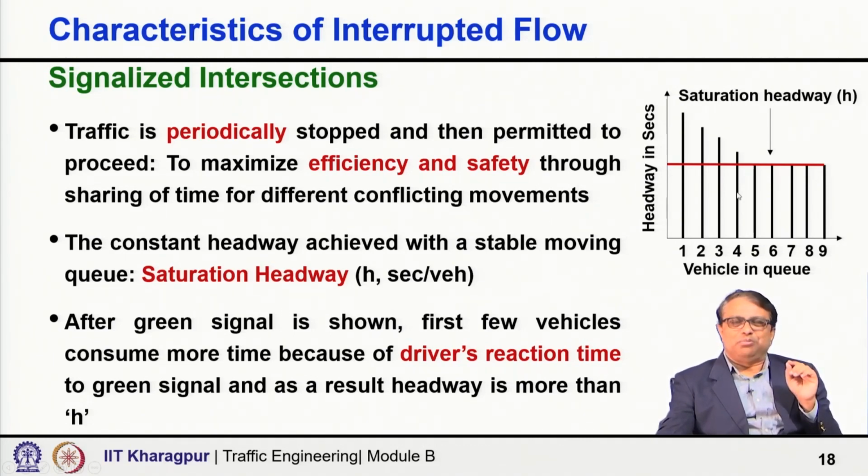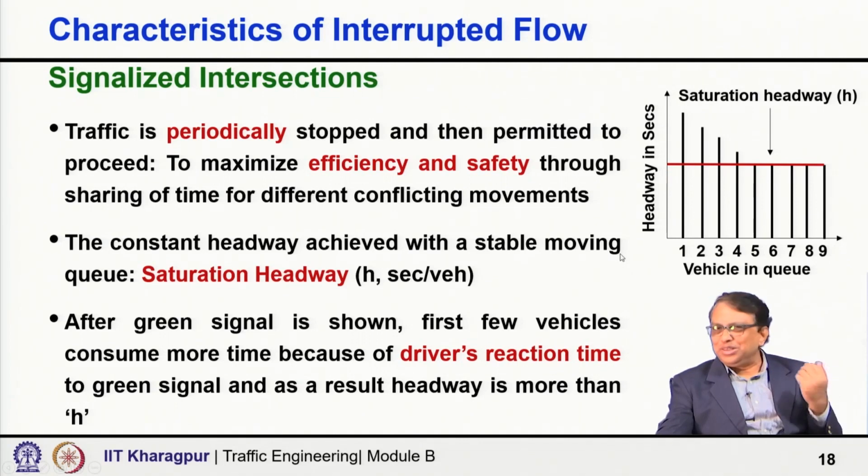But two things are important. Once the signal becomes green, the first few vehicles will consume more time. That means, the headway will be higher than the saturation headway as shown in the figure. So, there are incremental times. If we add up all these extra times above the saturation headway H for the first few vehicles, that is the time lost solely because the signal turned from red to green.